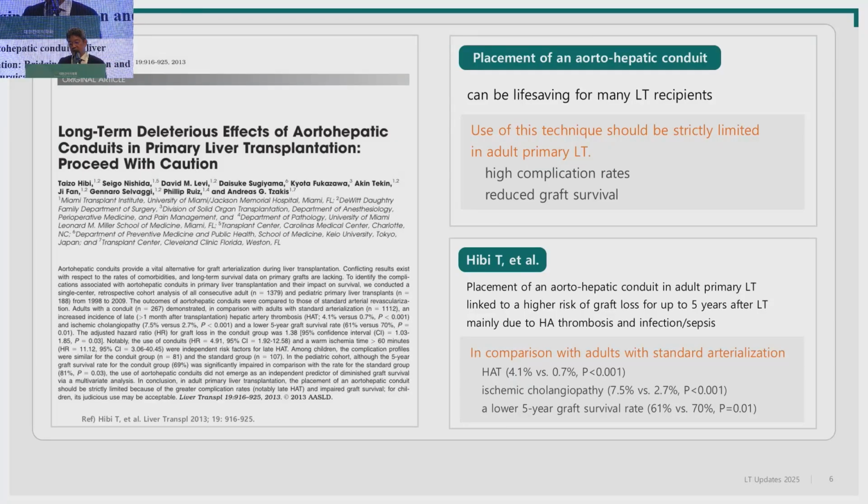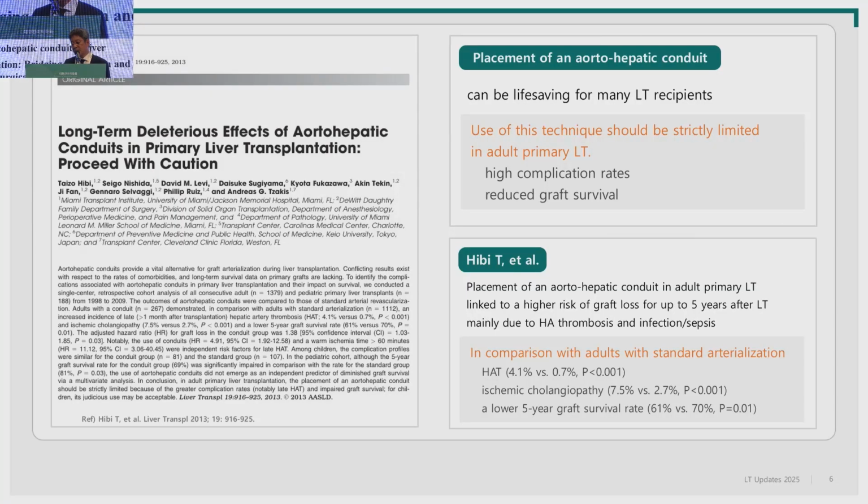Although placing an aortohepatic conduit can be life-saving for many LT recipients, some authors have argued that its use should be strictly limited in adult primary liver transplantation because of high complication rates and reduced graft survival.